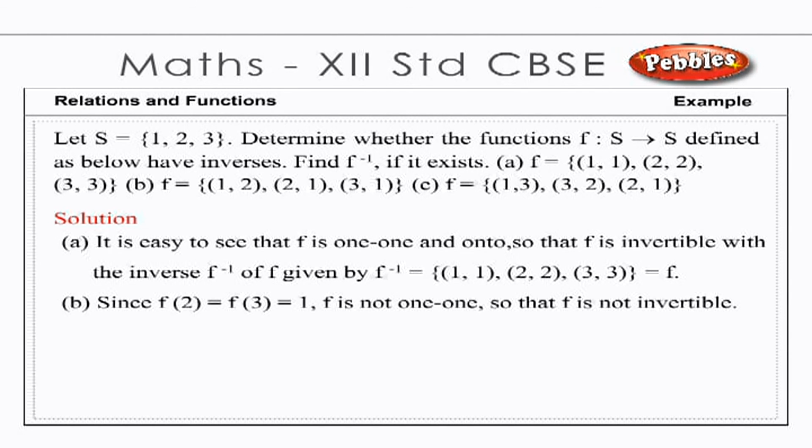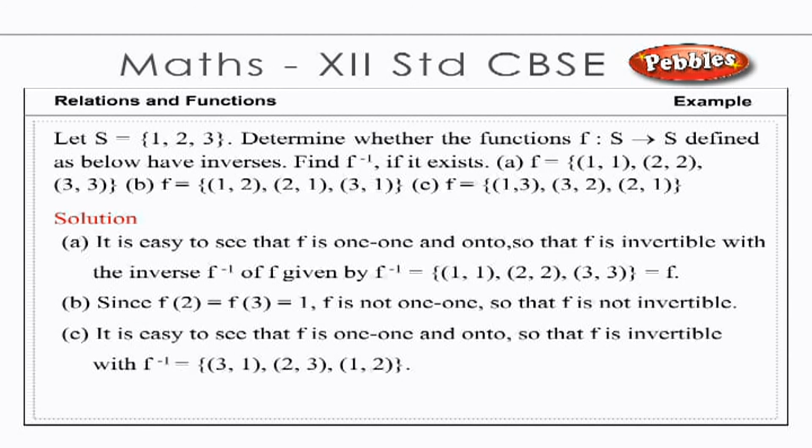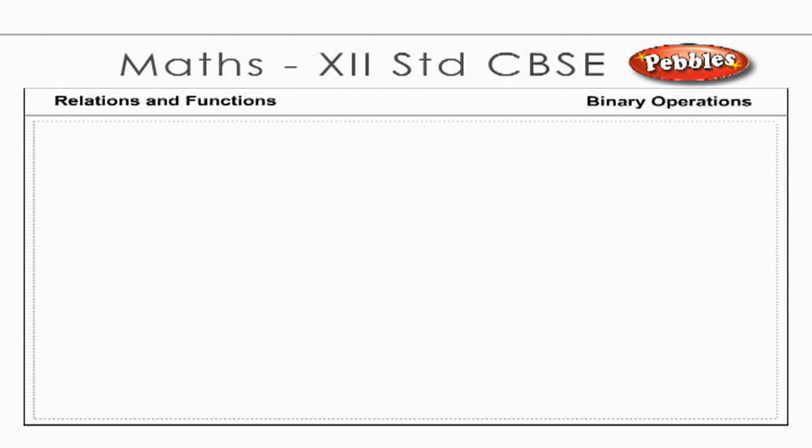B. Since f(2) = f(3) = 1, f is not 1 to 1, so that f is not invertible. C. It is easy to see that f is 1 to 1 and onto, so that f is invertible with f inverse = {(3,1), (2,3), (1,2)}.